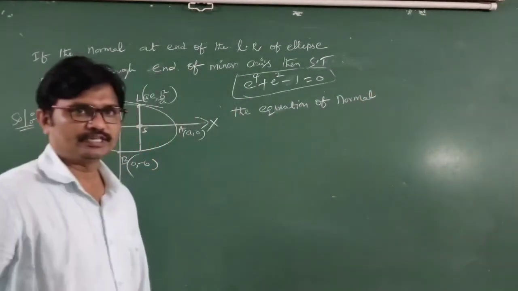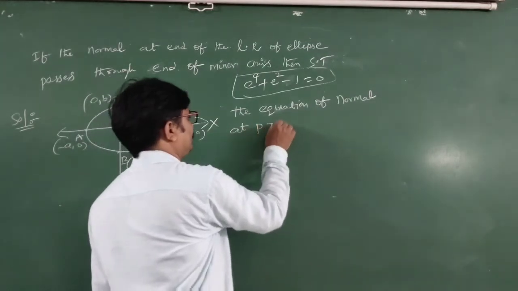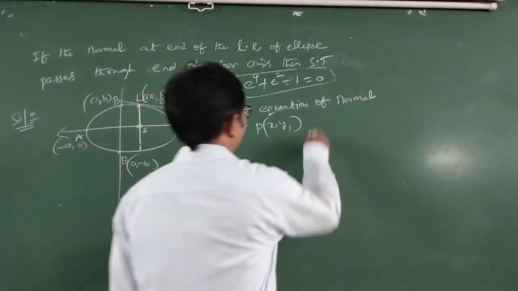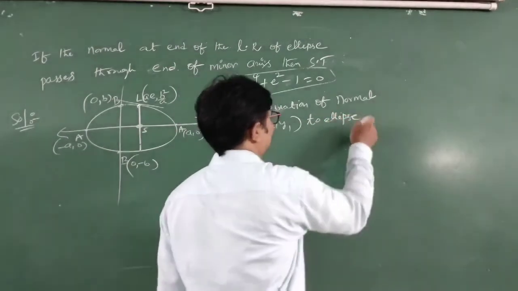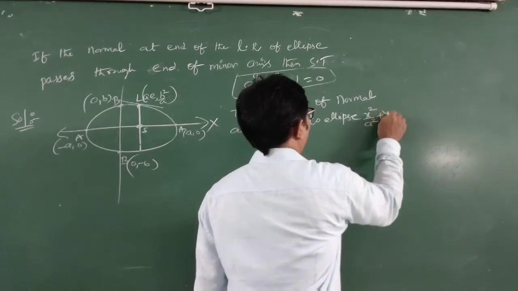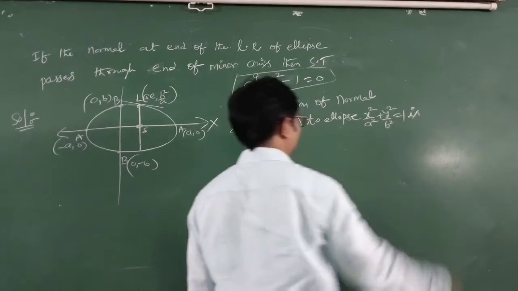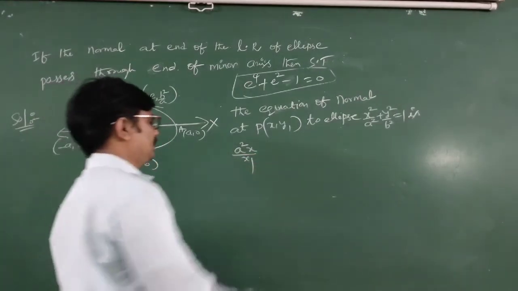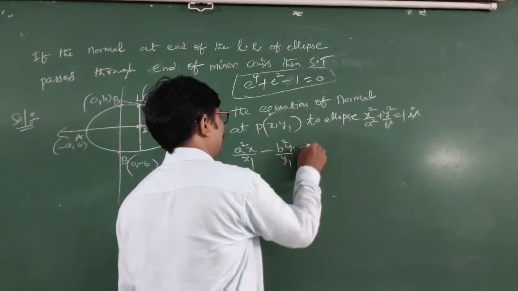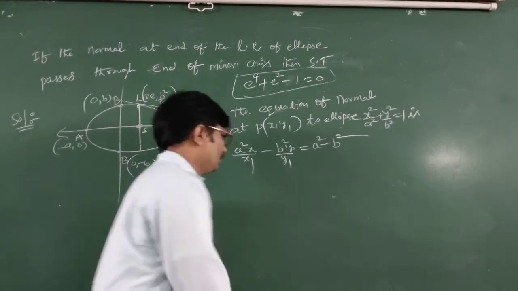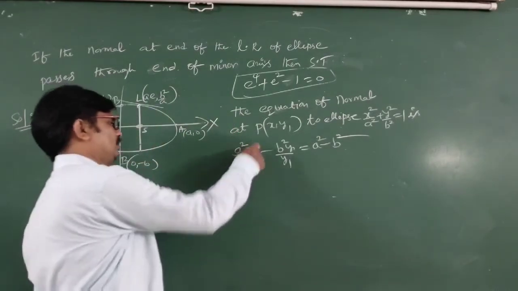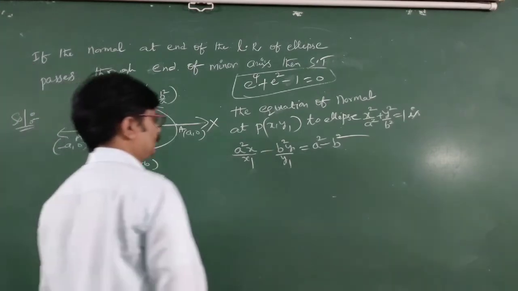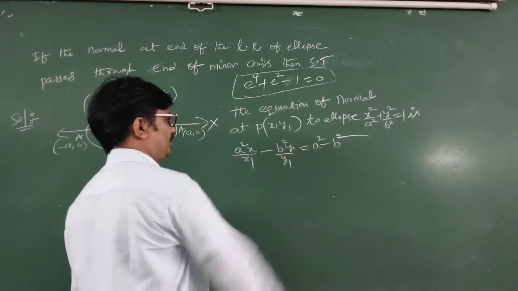The equation of the normal at the point P(x1, y1) to the ellipse x square by a square plus y square by b square equal to 1 is a square x by x1 minus b square y by y1 equal to a square minus b square.